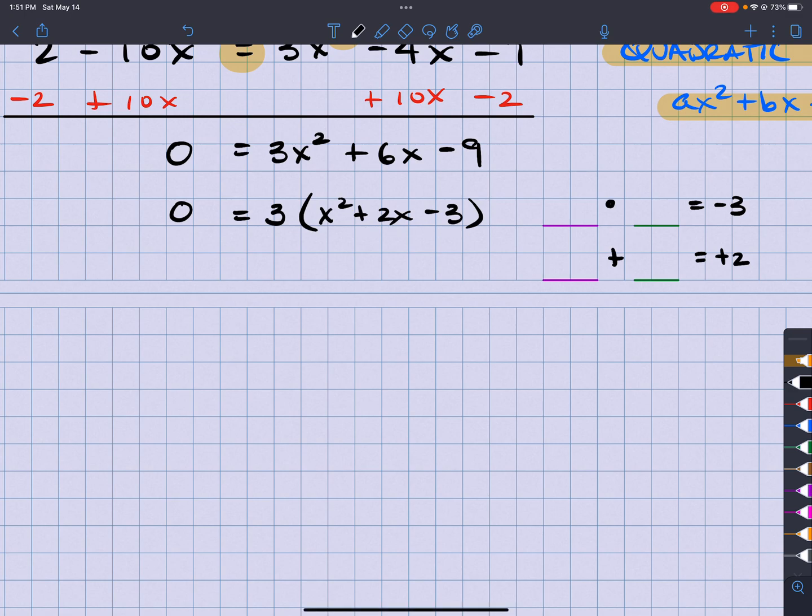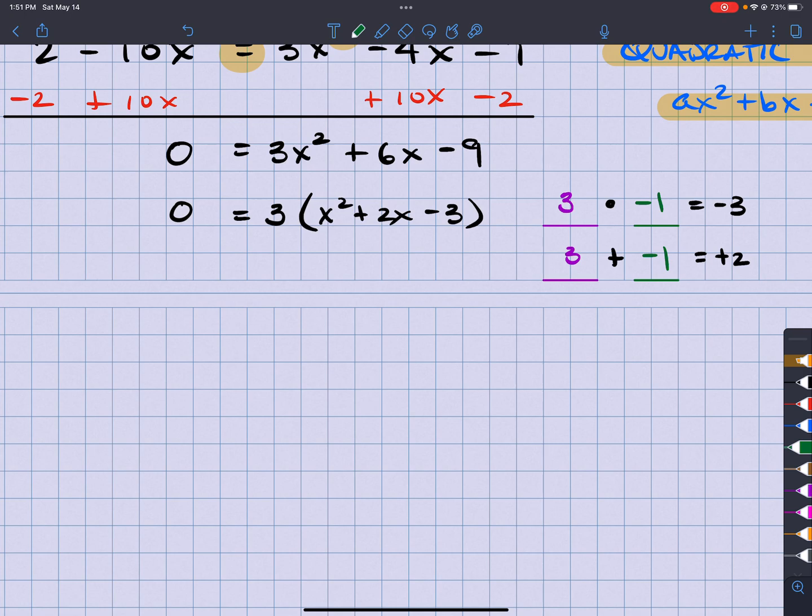All right, and those two numbers, let's see here, I can use 3 times a negative 1. If I do 3 times a negative 1, I get a negative 3. 3 plus a negative 1, I'm going to get a positive 2 when I add those two together. Awesome.